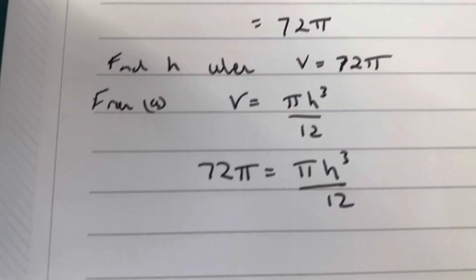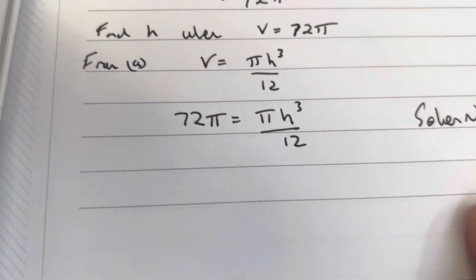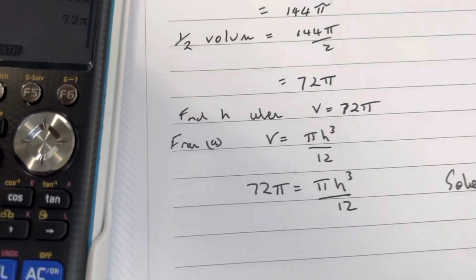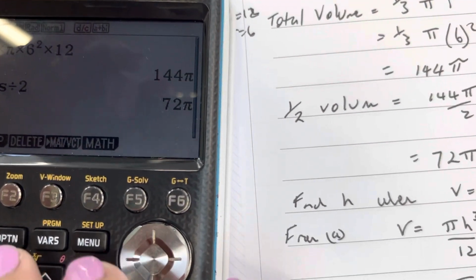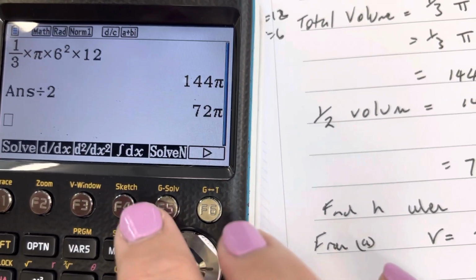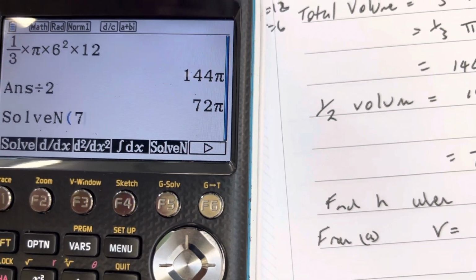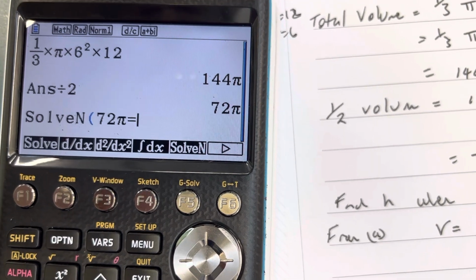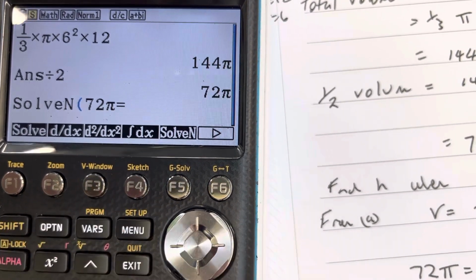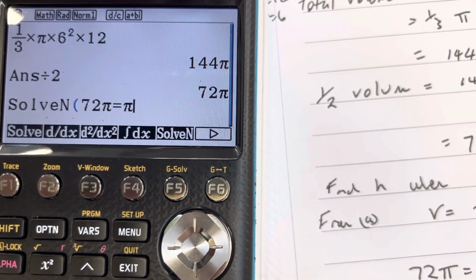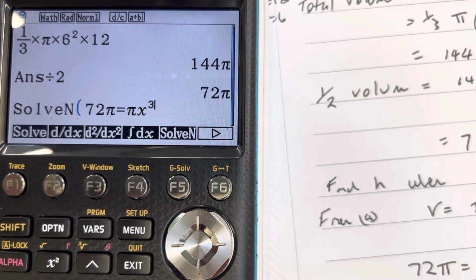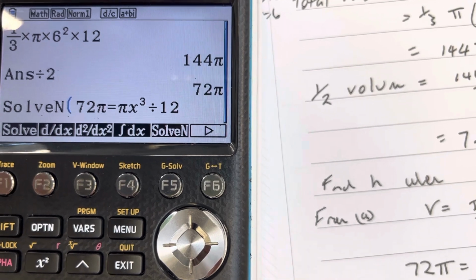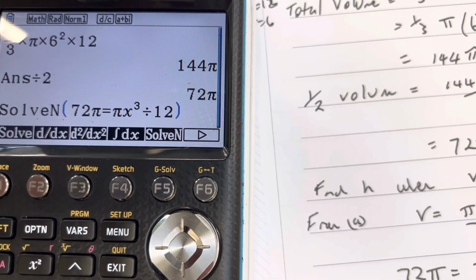Depending on which way you want to go, how far in an exam, if you're feeling a little bit stressed, you might just go, oh look, I'm just going to calculate, solve. 72 pi equals pi x cubed divided by 12, close brackets.